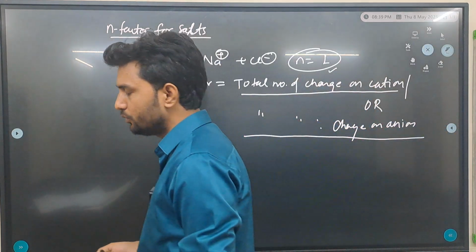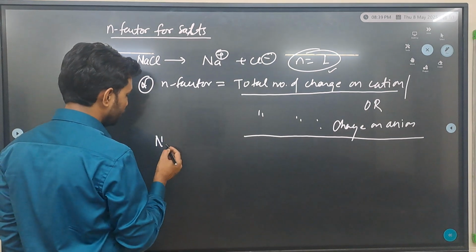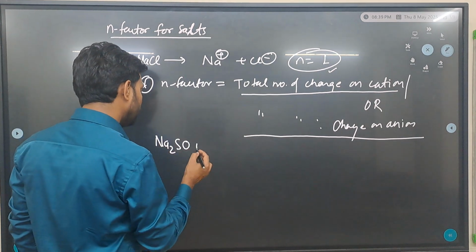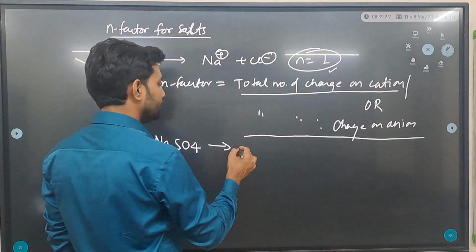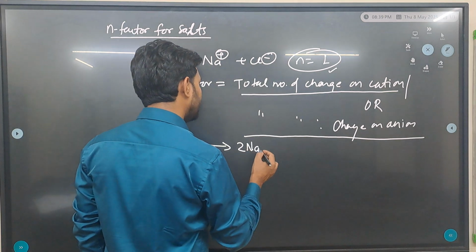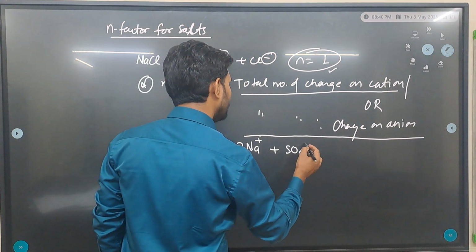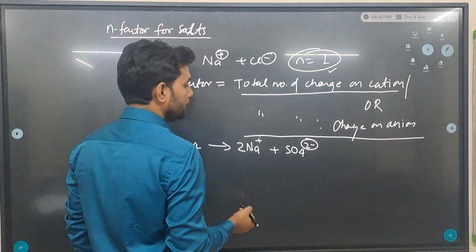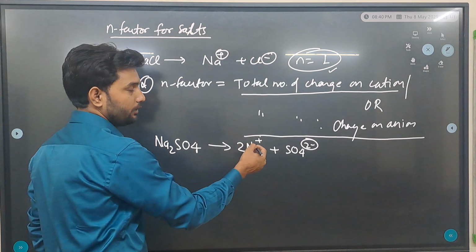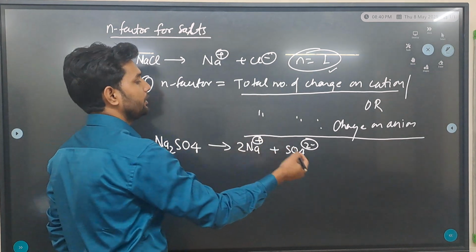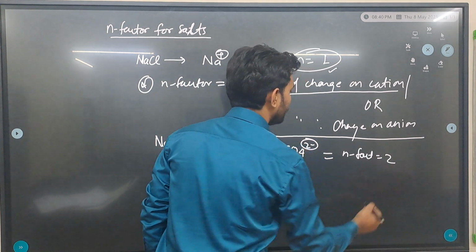Clear? So if we take an example like Na2SO4, it gives 2Na positive plus SO4 2 negative. So SO4 has 2 negative charge, and each sodium has 1 positive, so 2 sodium will have 2 positive. So the n factor will be 2. Okay.